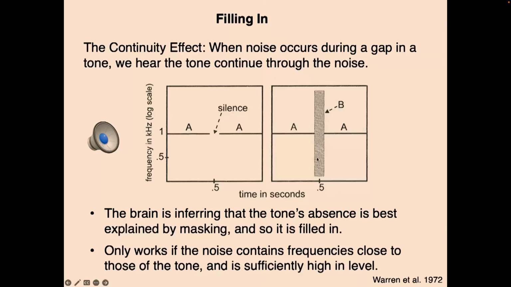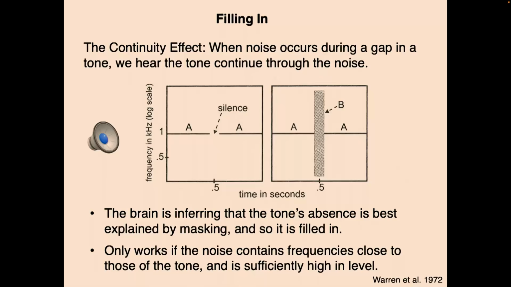The phenomenon is that if the noise is sufficiently high in intensity and contains frequencies close to those of the tone, you will subjectively hear the tone continuing during the noise, even though the tone is not physically present there. The idea is that the brain is inferring that the tone's absence during the noise is best explained by masking, and so it gets filled in.